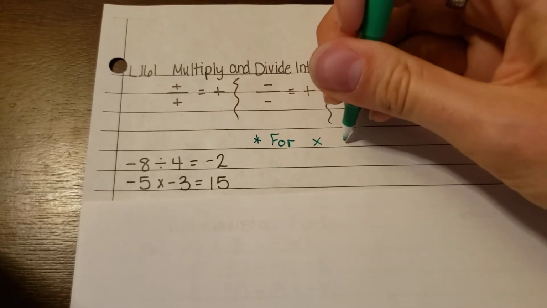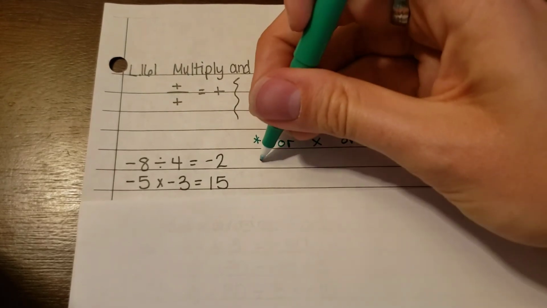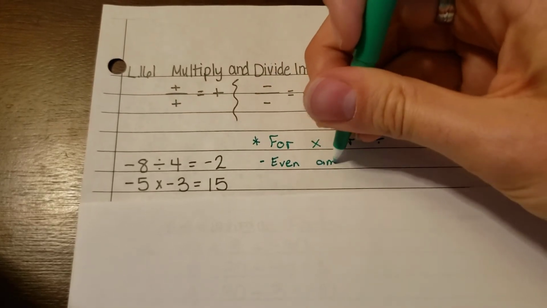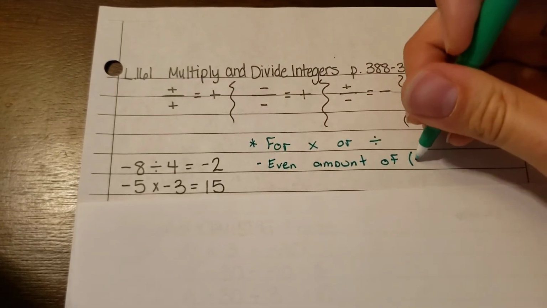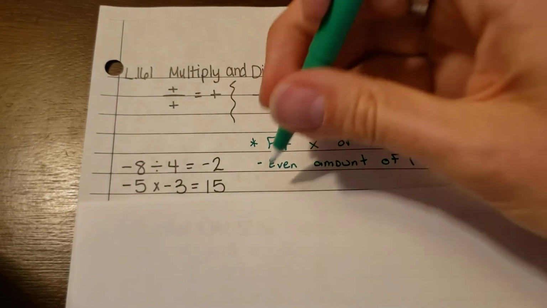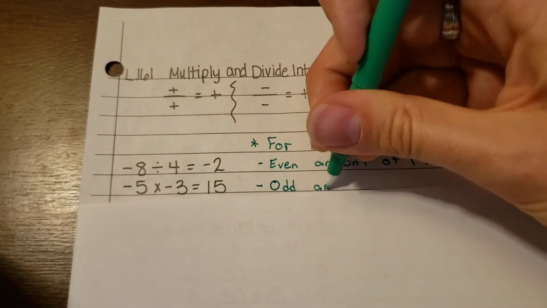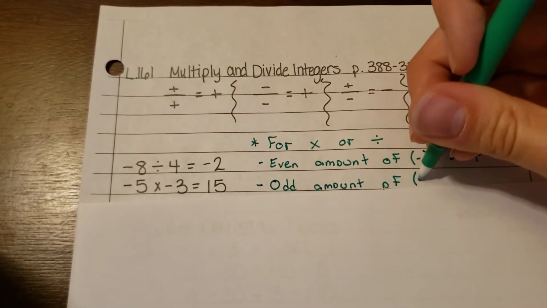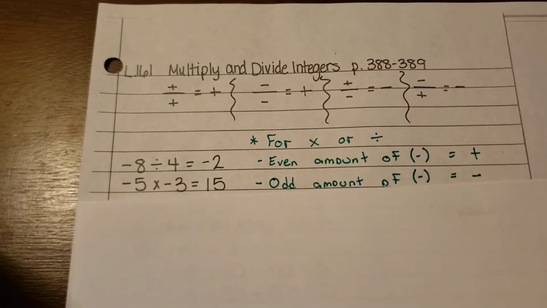For multiplying or dividing, an even amount of negatives will equal a positive, whereas an odd amount of negatives will equal a negative number.